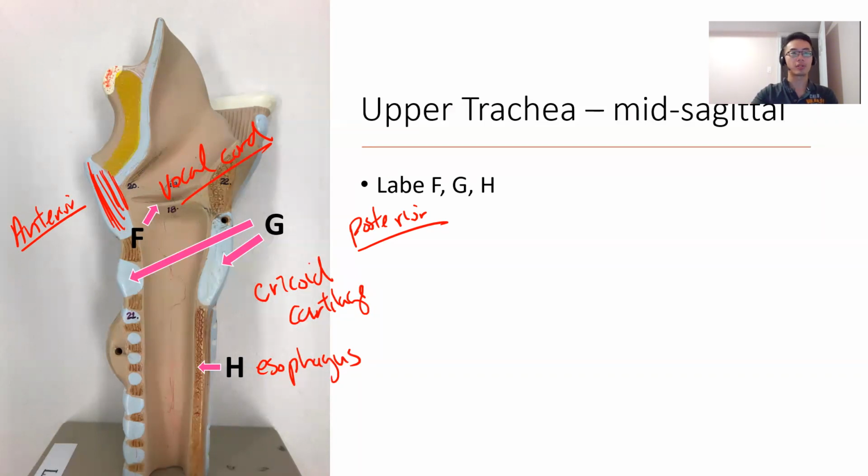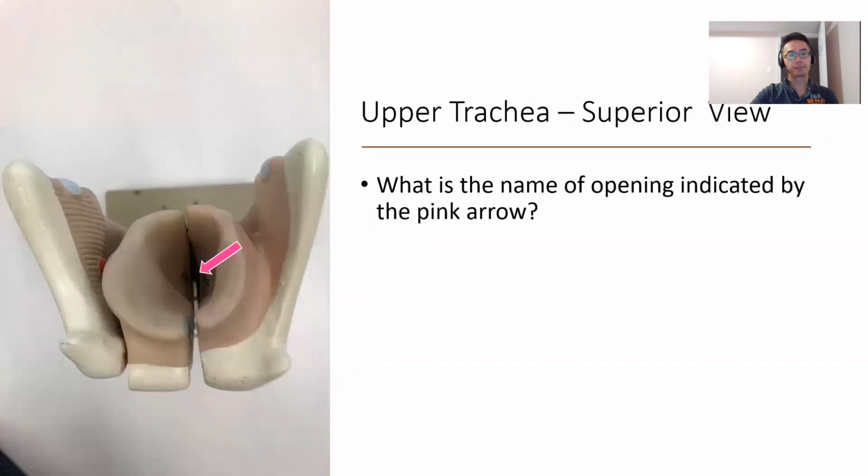I wish there was a way for me to create something that I can rotate on the computer screen. But yeah. This hole is the glottis. Leads into the airway, the larynx.